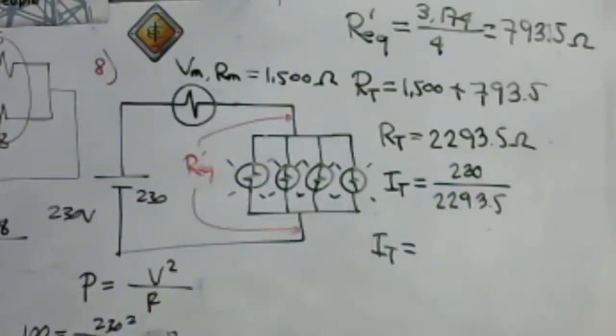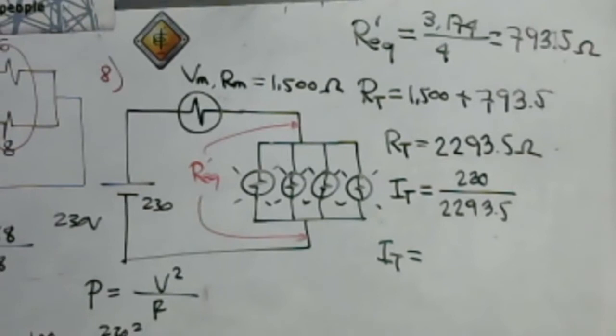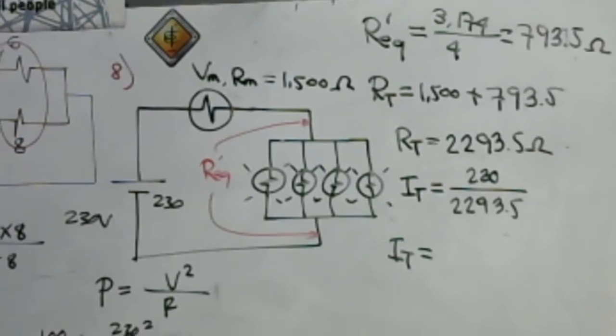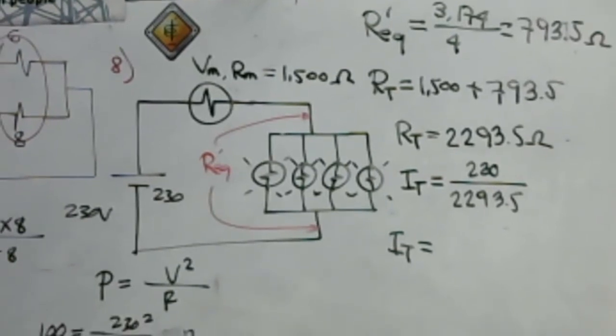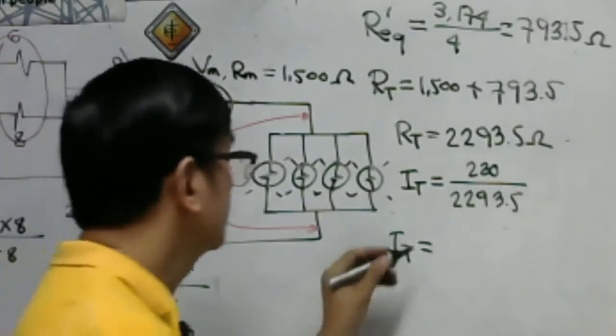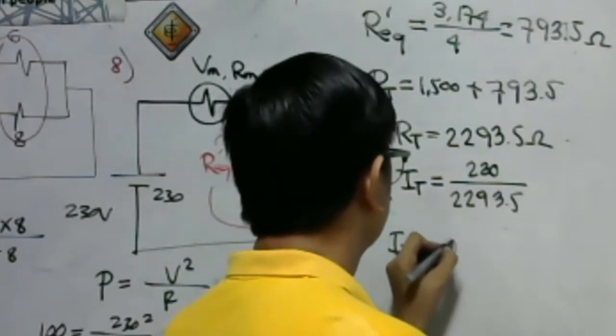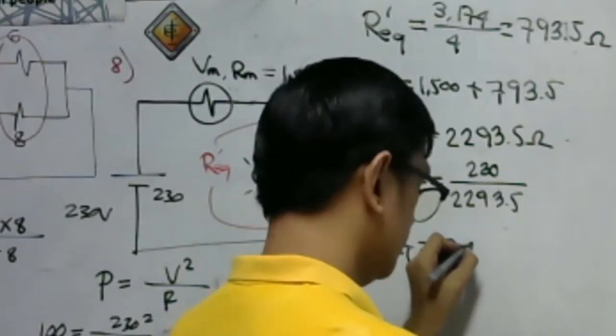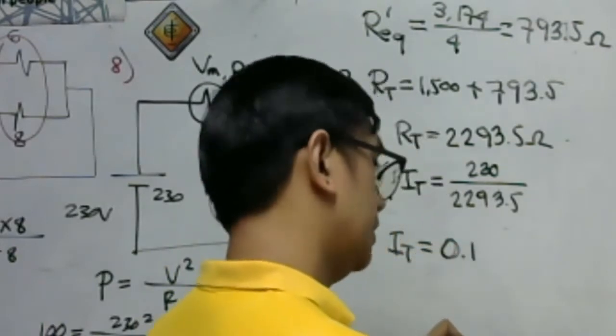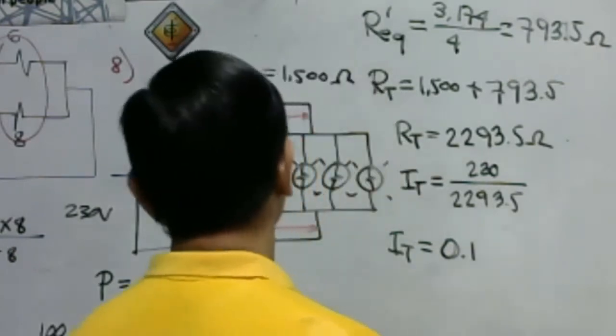We have here 230 divided by 2293.5, approximately 0.1. This is 0.1003.